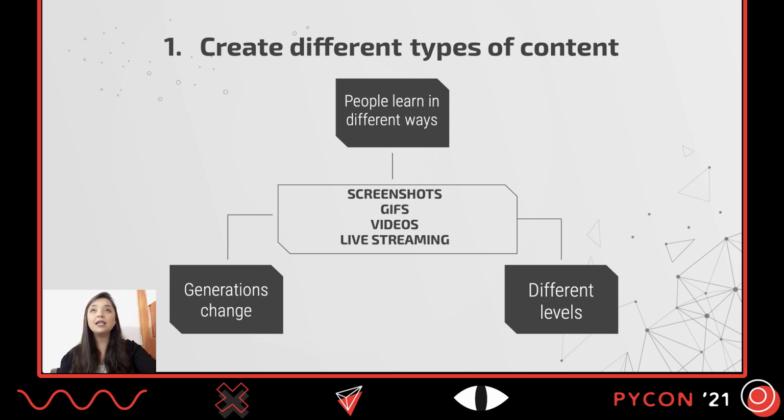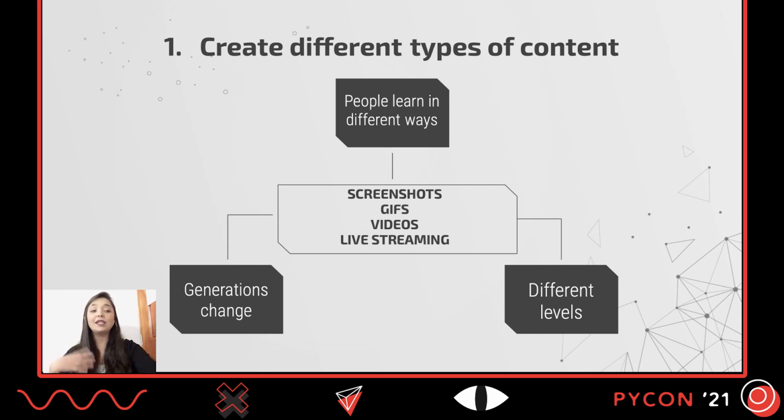Nowadays media is very important. Usually people, especially young people, prefer to watch videos rather than reading long PDFs or books. And the third reason is that there are different levels of users: basic, intermediate, advanced, and we need to try to provide useful information for all of them.